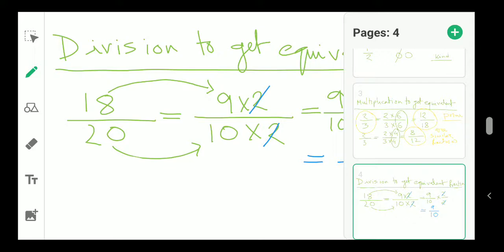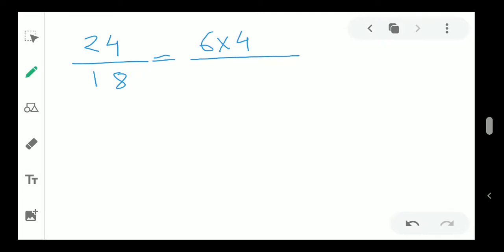Okay, so let us do it once more. Let's say we have 24 by 18. So 24 you can write as 6 into 4, because we know 6 4s are 24. 18 we can write as 9 into 2.